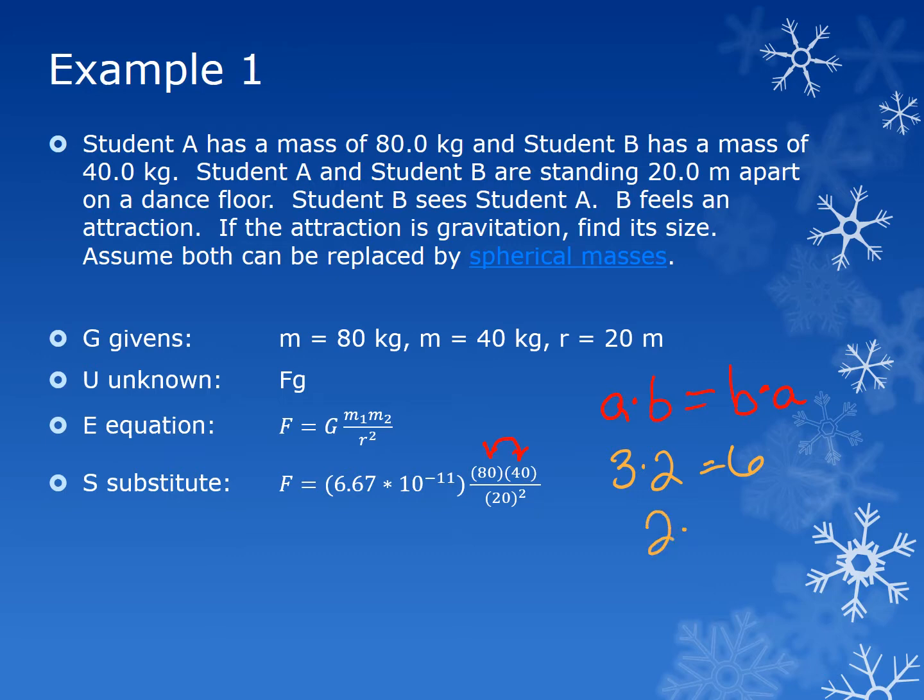And if we have 2 times 3, we also get 6. And then the distance between them is 20, but don't forget to square it. Plug that into your calculator just like that. And the solution is 5.3 times 10 to the negative 10.